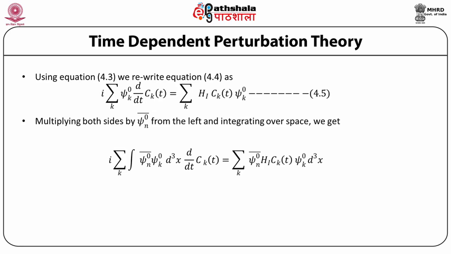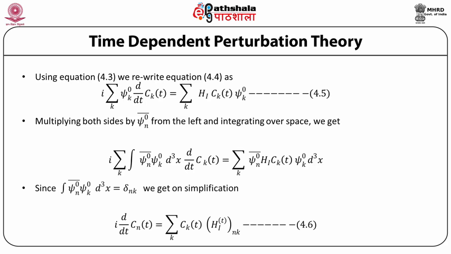Multiplying both sides by ψn naught bar from the left and integrating over space, we get i summation over k, integration of ψn naught bar ψk naught d cubed x, d/dt of Ck(t), is equal to ψn naught bar Hi Ck ψk naught d cubed x.